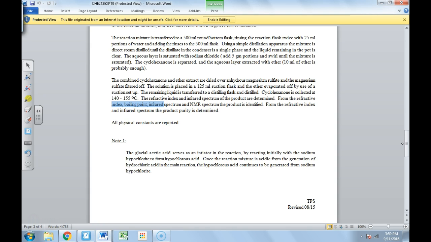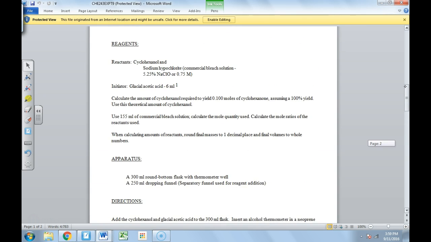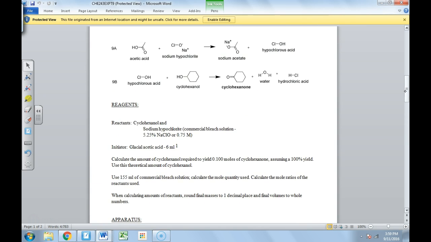To summarize some of the safety concerns: bleach, kind of the normal safety concerns. It will dye clothing. We all know what bleach is. Glacial acetic acid is strong, and if you touch it, consider yourself burnt, so we need to make sure we are careful.